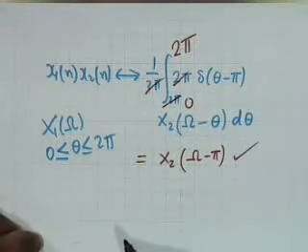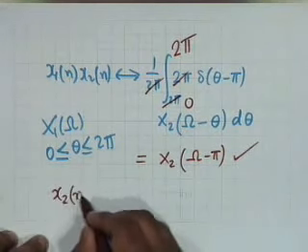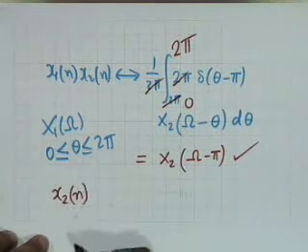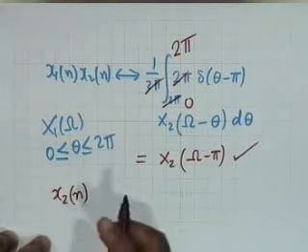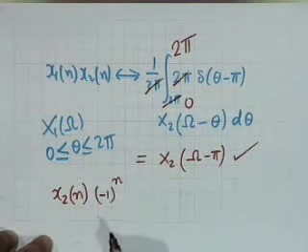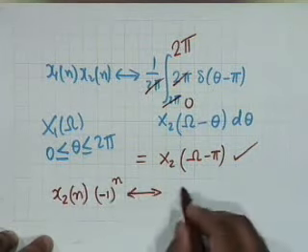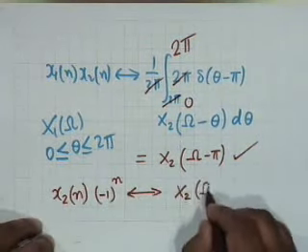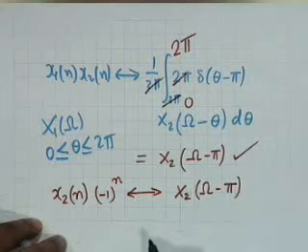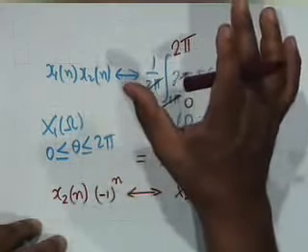So this is what the result is, which means that if I multiply x2 of n, an arbitrary periodic signal, by x1 of n, which is minus 1 to the power n, then the Fourier transform of this is capital X2 of omega minus pi, which means that the spectrum is simply shifted to the right by an amount pi.